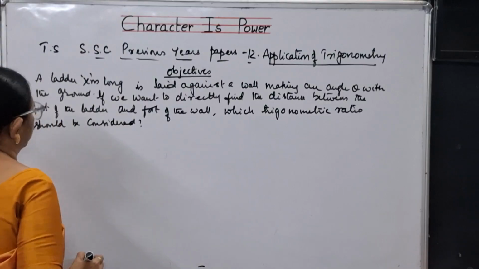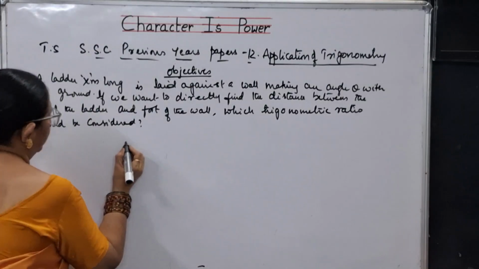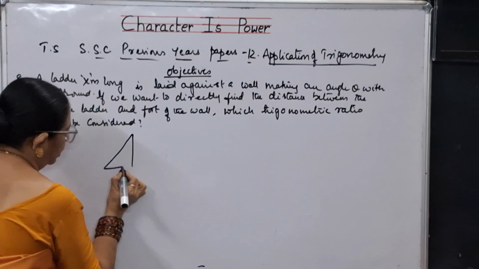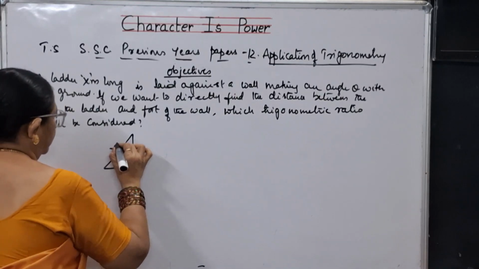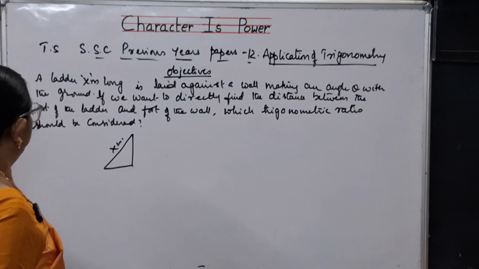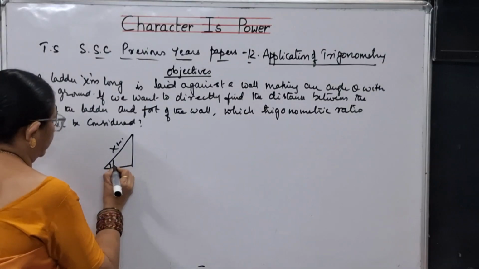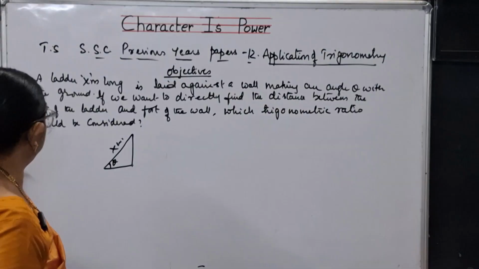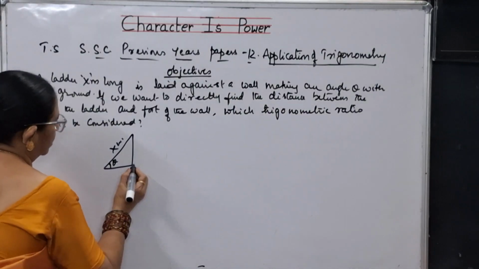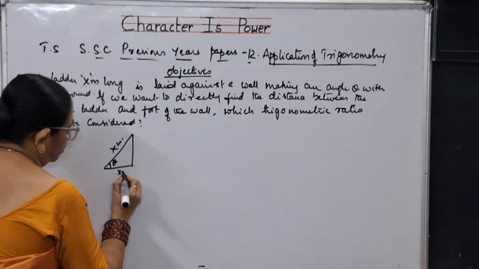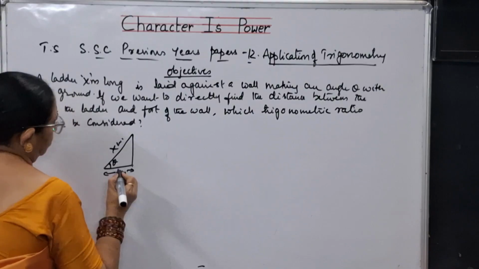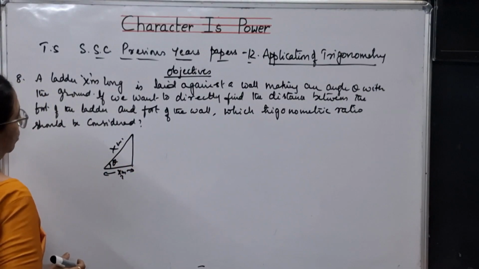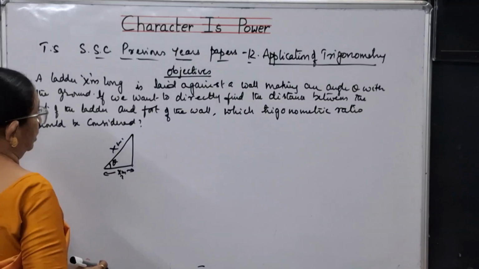This is the question. A ladder x is laid against the wall. This is the wall and this is the ladder. This length is x meters with an angle theta. This is angle theta with the wall. If we want to find directly the distance between the foot of the ladder and the foot of the wall, which trigonometric ratio should be considered?